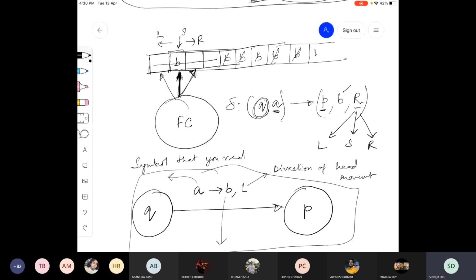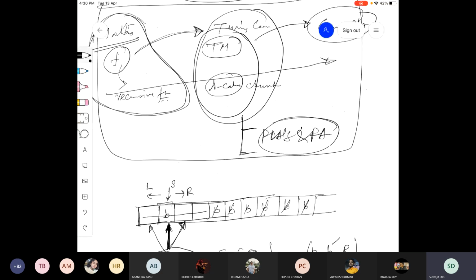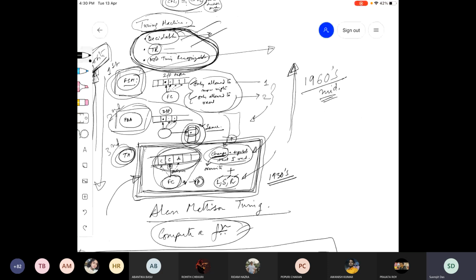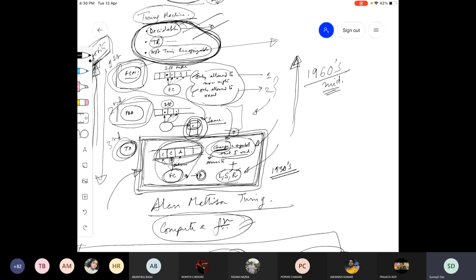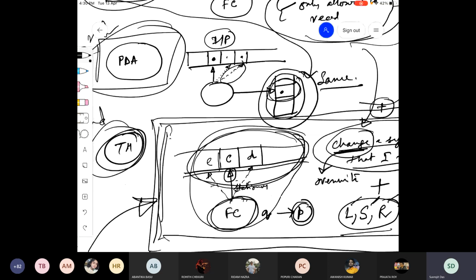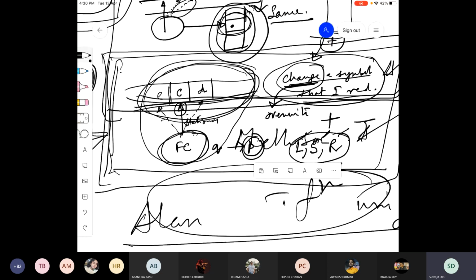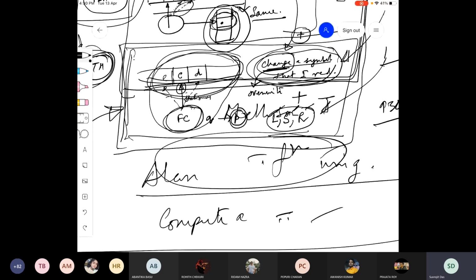Sorry, I forgot to tell this very important thing. Added to these two capabilities, that the head may move, remain stationary, move left or move right, and you can change the symbol that you write.